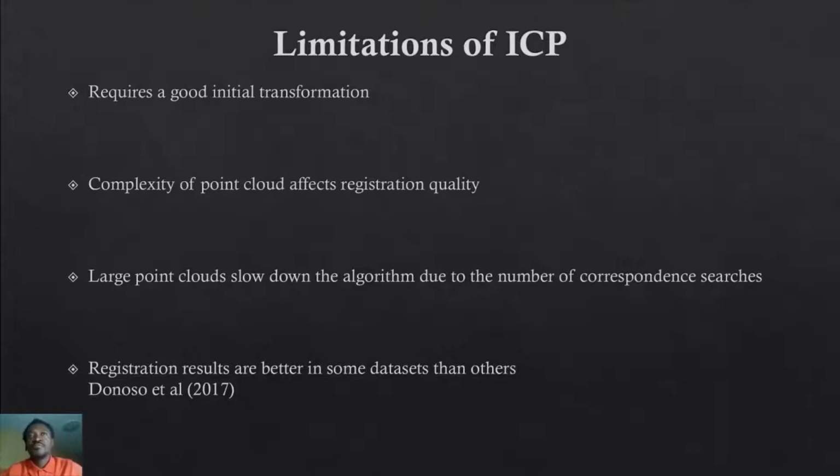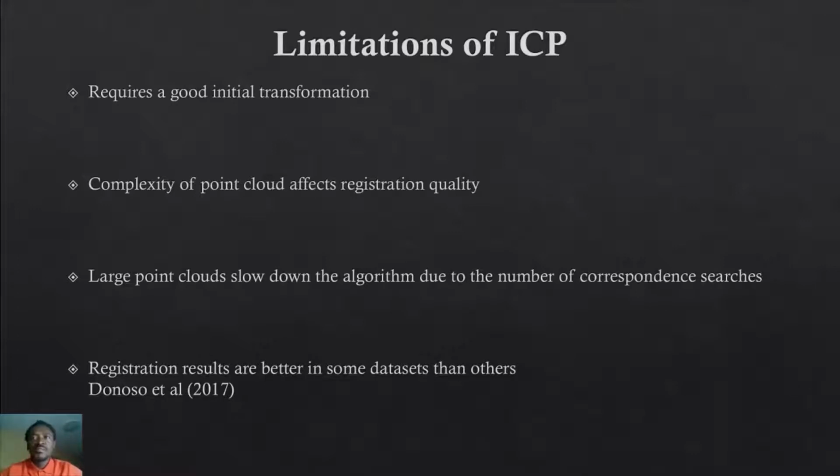In fact, in Donoso's 2017 article, they noted that registration results were better in some datasets than others. The research studied the registration of point clouds using scenes from a mining environment, and according to the results, most ICP algorithms were shown to perform poorly with this terrain data.